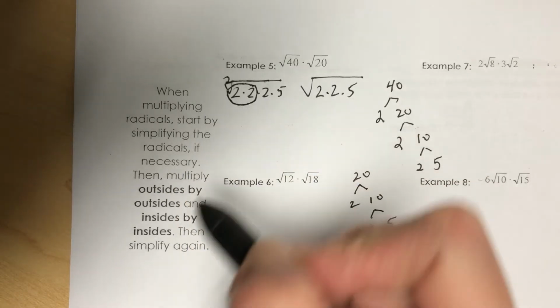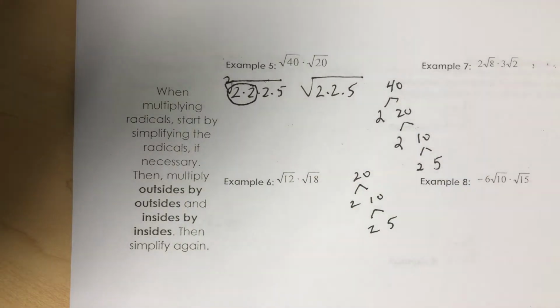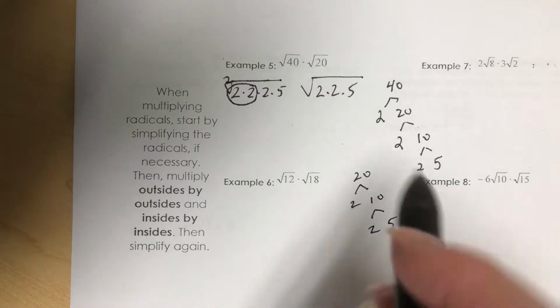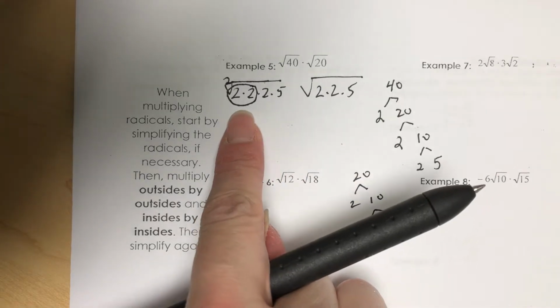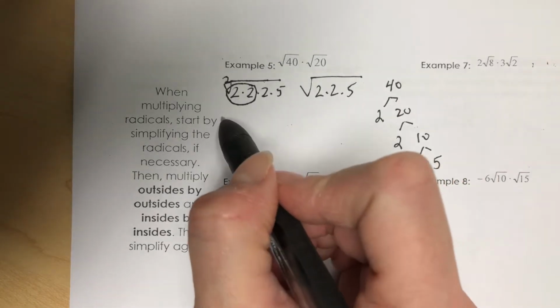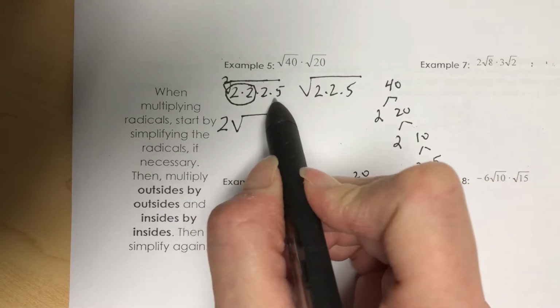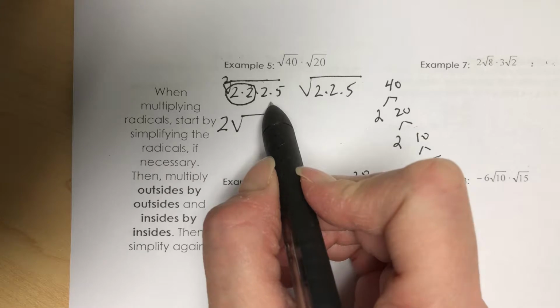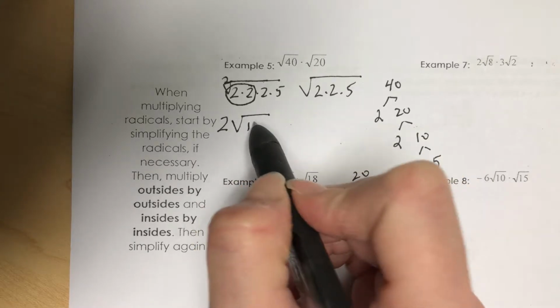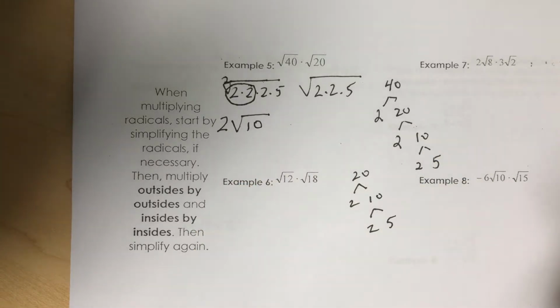So if we find a pair of numbers being multiplied inside, we circle that pair. So here, since I've circled a pair of 2's, I can take 2 out of the radical. And then these 2 factors didn't have anything to get paired with. They stay inside, and I multiply 2 times 5, and I'm left with 10 inside the radical.